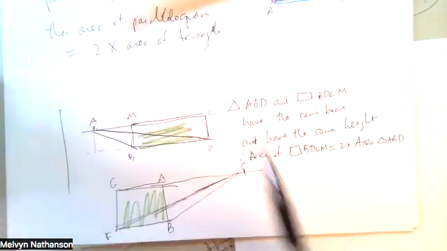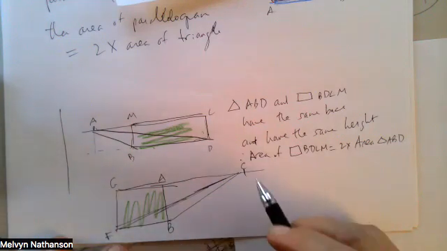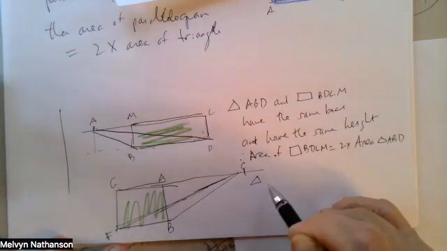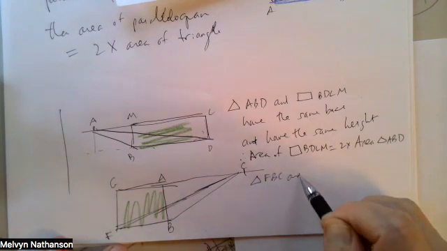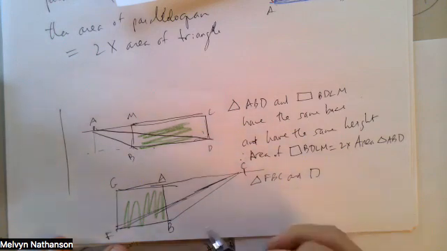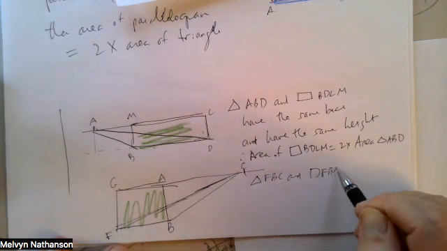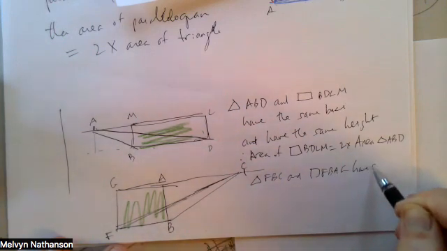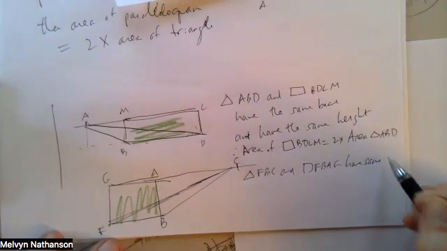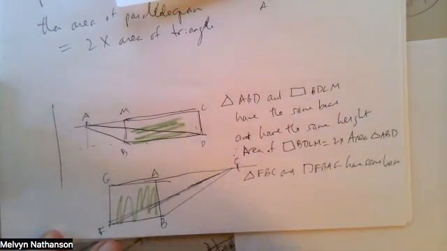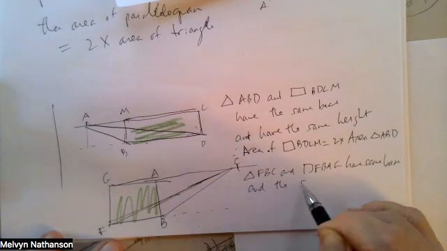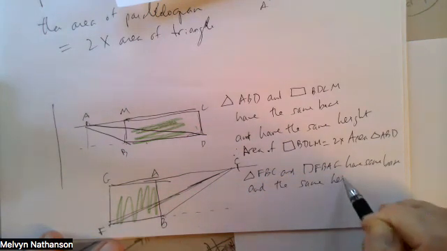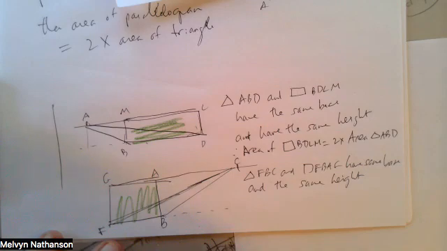And again, if you look at this, the triangle FBC and the square FBAG have the same base and the same height.